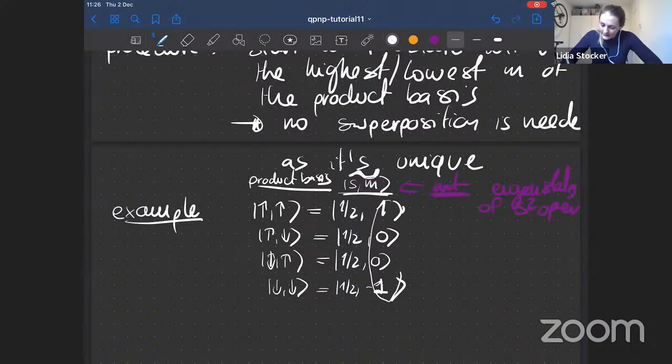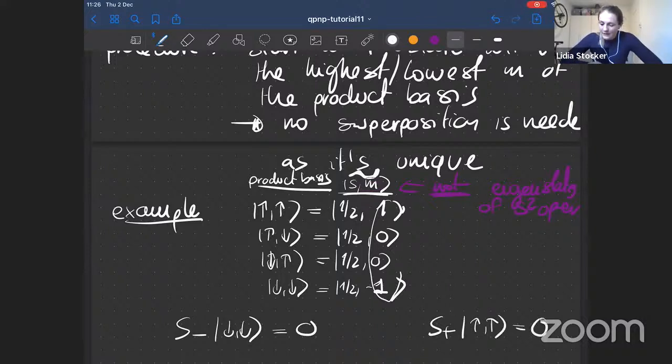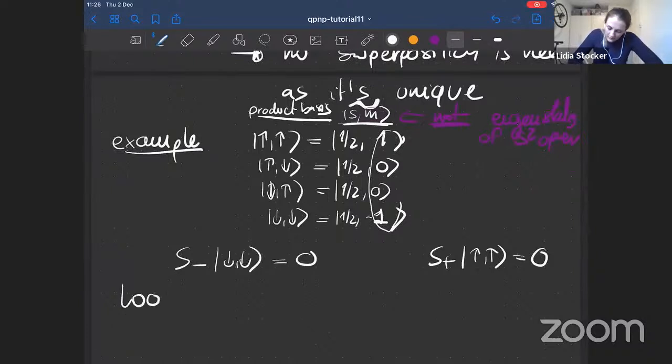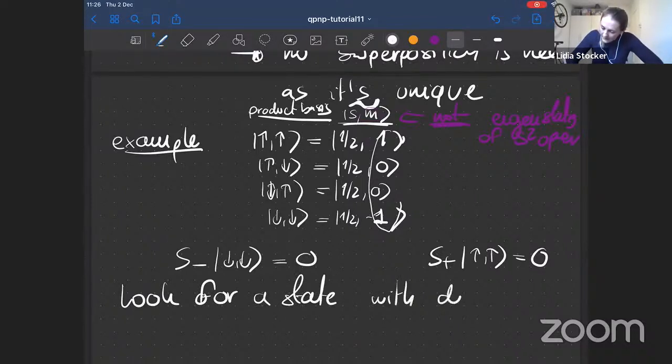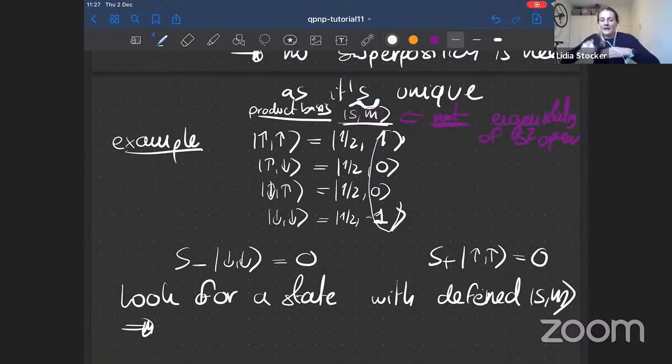And therefore, I take the lowest, for example. Why? Because I know that if I apply S minus to down down, this will give me 0. If I apply S plus to up up, this will give me 0. And if I look for a state with defined S and M, it follows that it must have a total M which is well defined. So I can only take superpositions of the states with the same total M. And the only state with M minus 1 is down down.